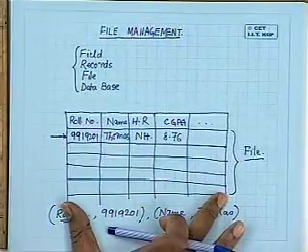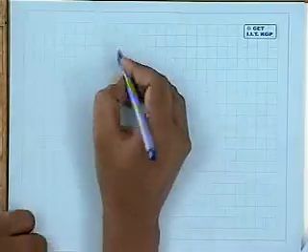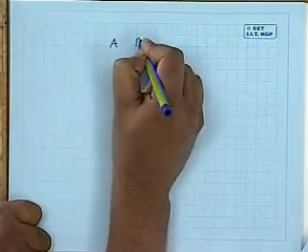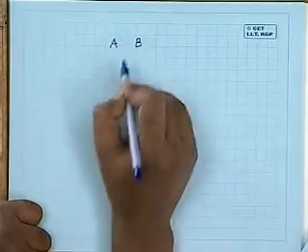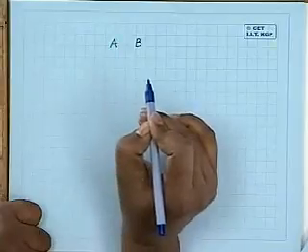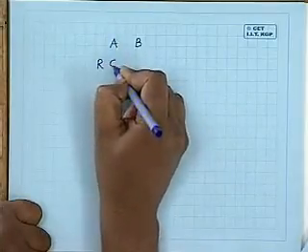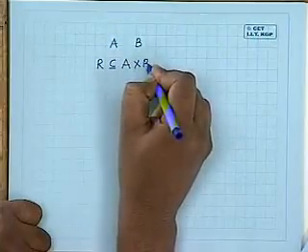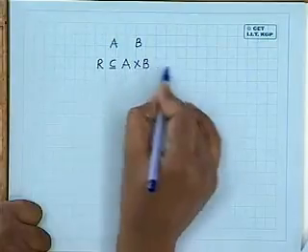How do you formally define a relation? If I have, say, 2 sets A and B, and I want to define a binary relation between the elements of sets A and B, a binary relation between sets A and B will be simply R as a subset of A Cartesian product with B. And this can be expanded.